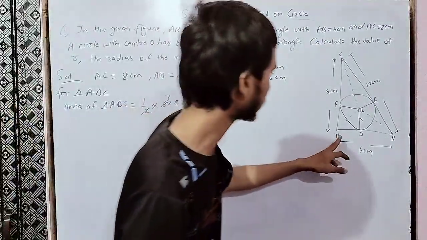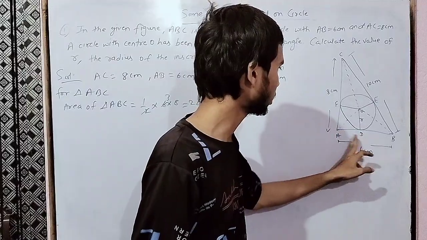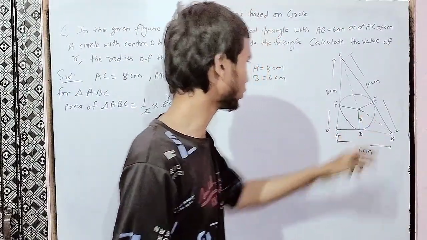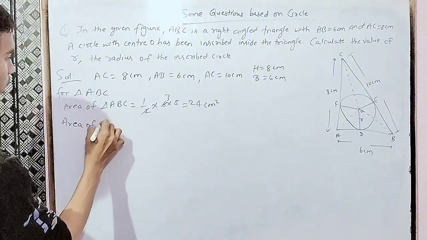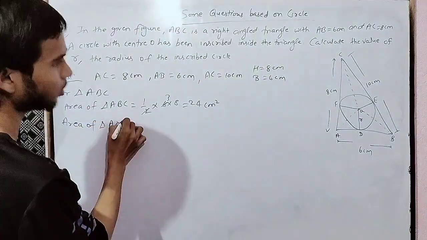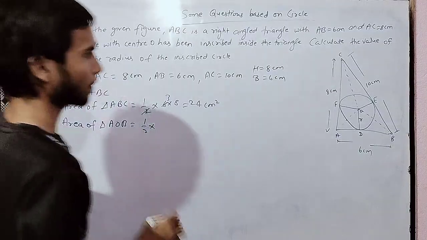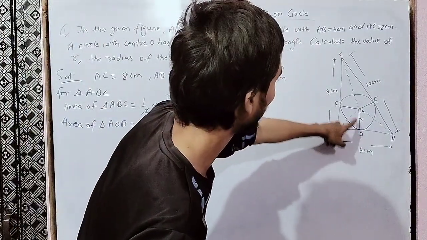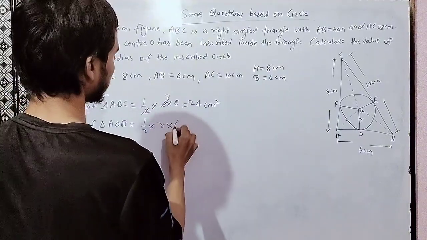Now we are going to find the area of this triangle AOB. Area of triangle AOB is 1 upon 2, where height is OD, which is R, and base is 6.